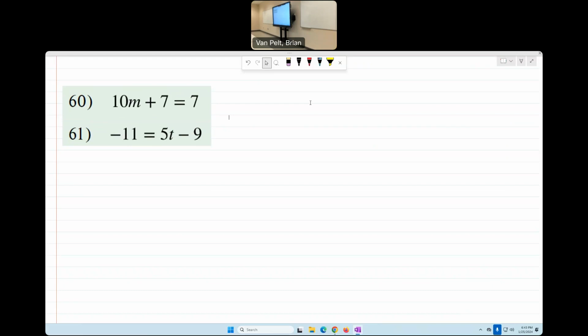I think the sign is wrong. No, not yet. Remember, that's the guy you want to be by himself. Remember, you want to end up with M equals something.